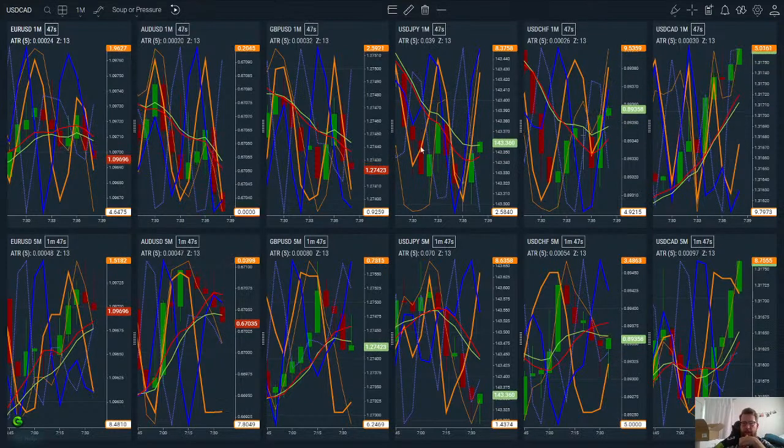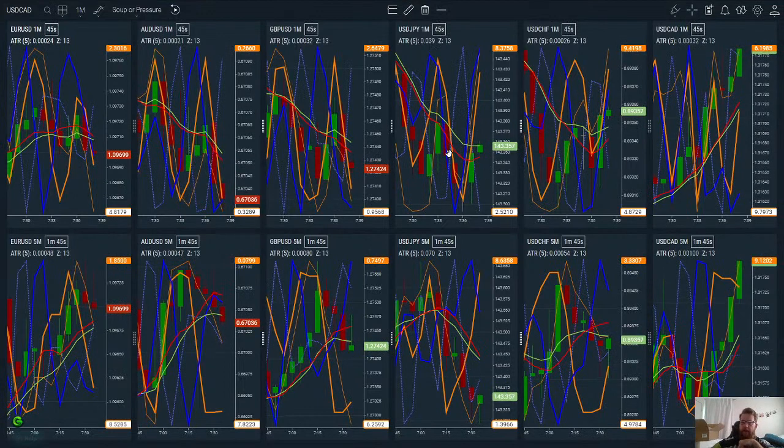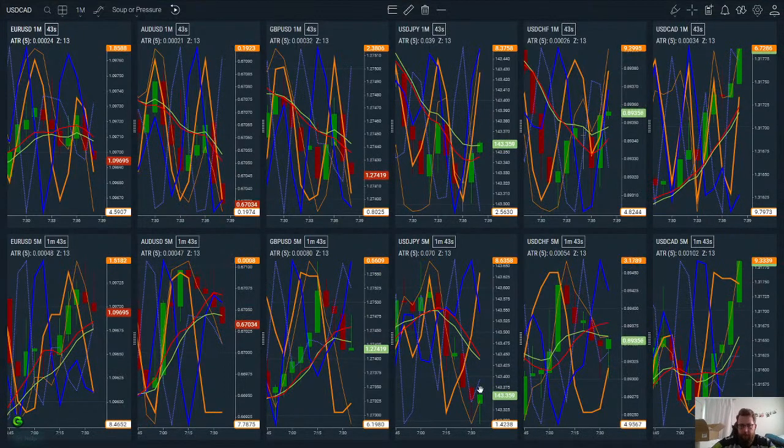This is looking very swoopy in the upward direction. We've got some room to move to get back to home base here, home base being the pressures here.